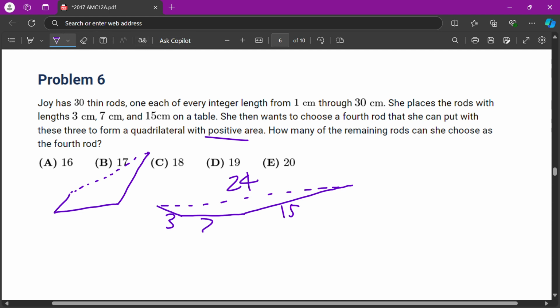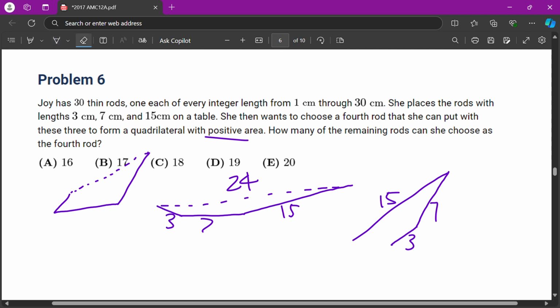Okay, so let's try folding it. Now if I were to fold it, I would maybe fold it here. It looks logical. So we got 15, and then the 7, and then the 3. Now if we're to literally fold it onto itself, this is 15, this is 10.